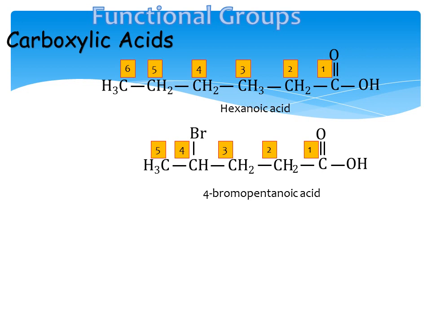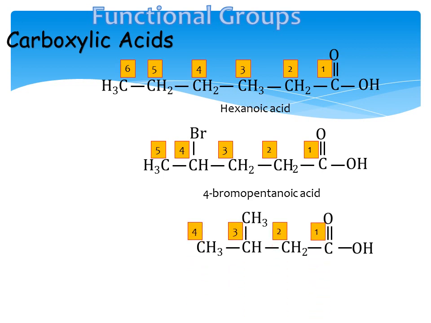It is compulsory to locate the position of the substituent, and the name is 4-bromo and a total of 5 carbons, so pentanoic acid. Likewise, in another situation we have a CH3 methyl group as a substituent at carbon number 3, so the suggested name would be 3-methylbutanoic acid.